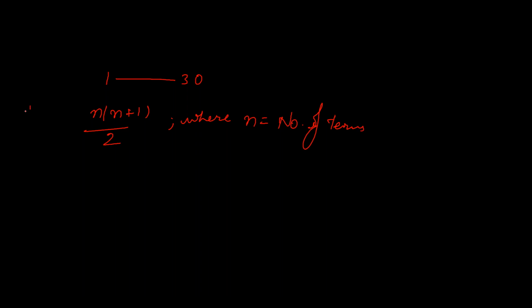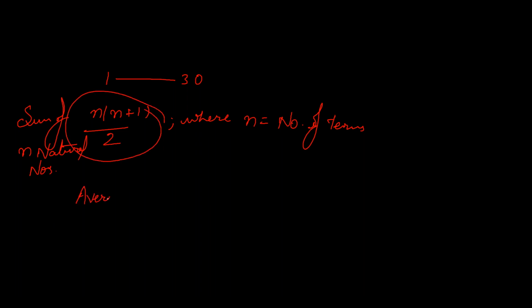This is the sum of n natural numbers. This is the sum, and we know that average equals sum divided by the number of terms, the number of observations.